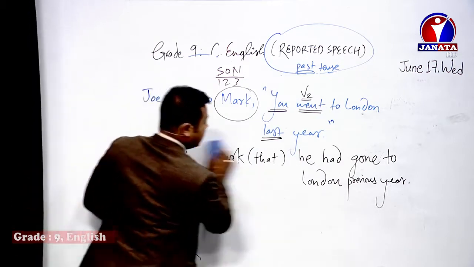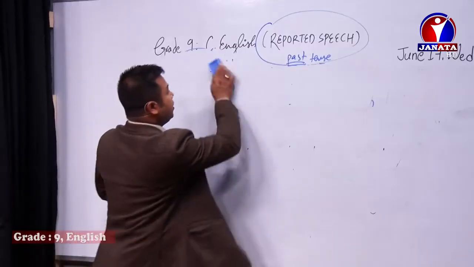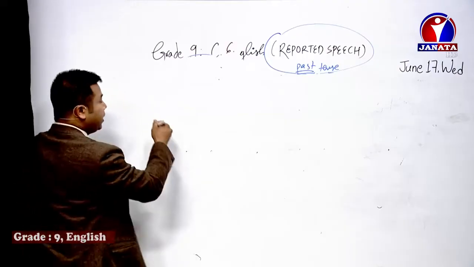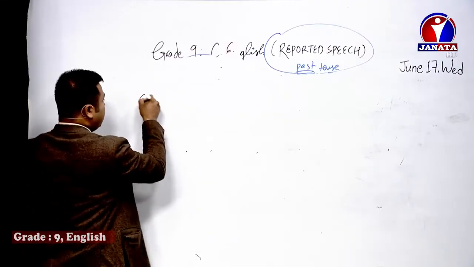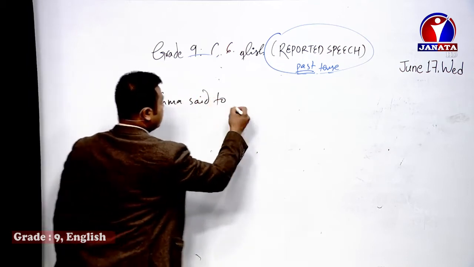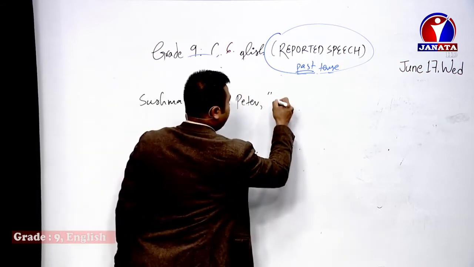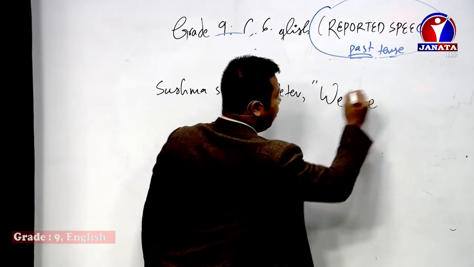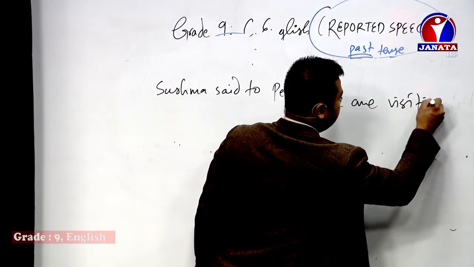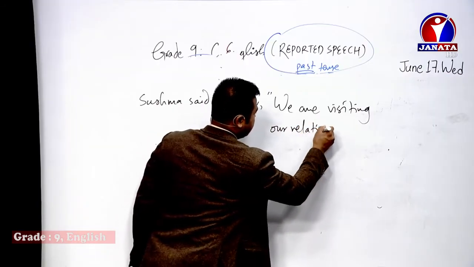Now take more examples, one or two more. We don't have a lot of time in dealing with many examples, so I will try to make it quite simple. I'll use continuous tense once. This is a name, Susma said to Peter, we are visiting our relatives.